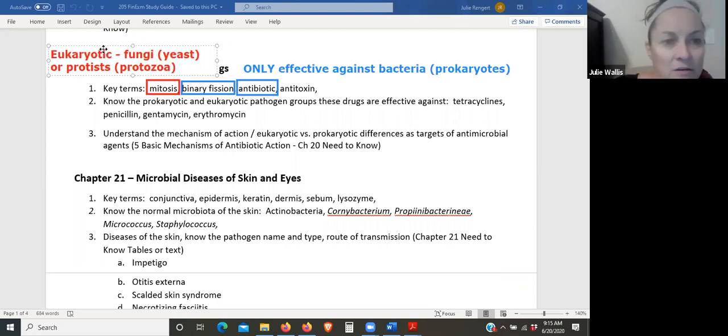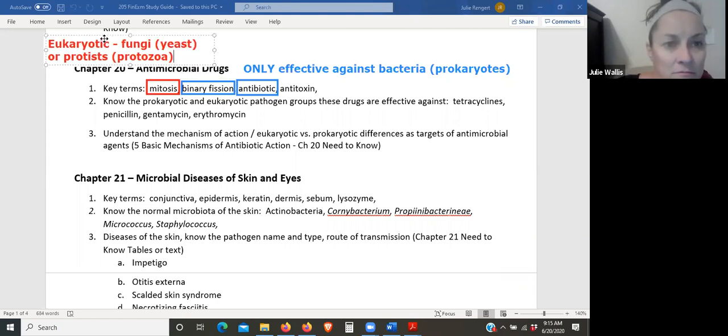So I color coded those because those are one of the main things you need to focus on. So eukaryotes are going to replicate by mitosis.